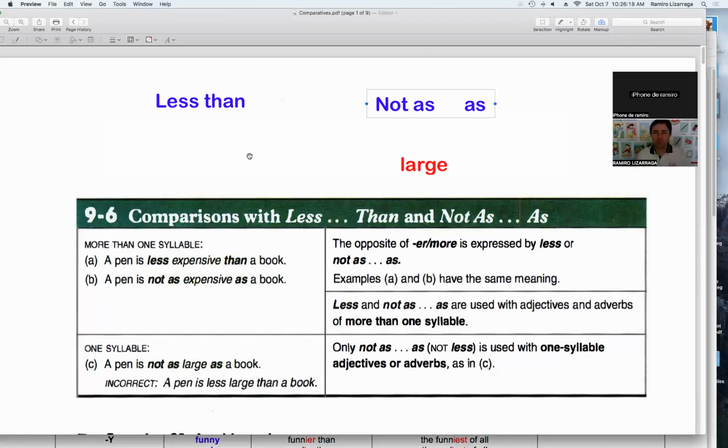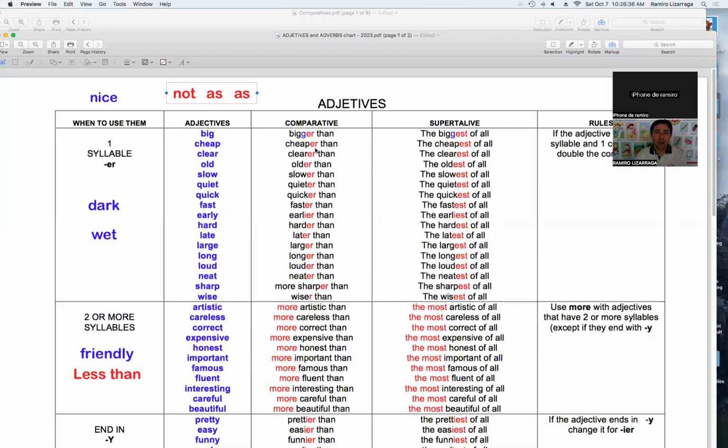But do you know what less than and not as mean in Spanish? Do you know, guys? Here the author is telling us that less than and not as are the opposite of more and the opposite of -er. So these two right here, less than and not as, are the opposite of bigger, of comparative adjectives, and more artistic.